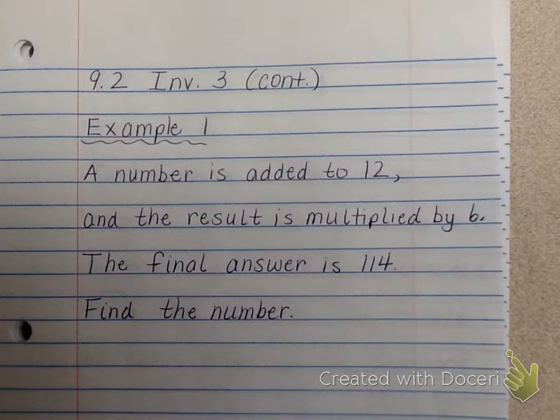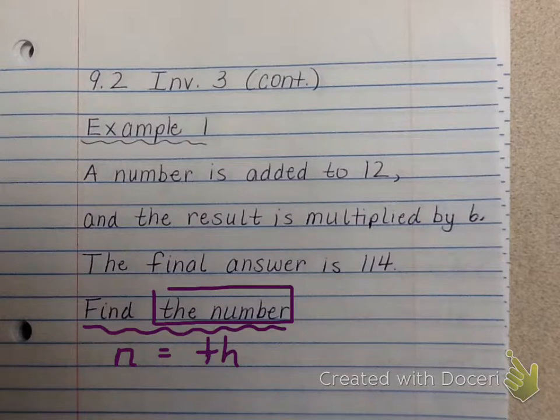Okay, so let's take a look at this word problem. I see that I'm going to look for the number. So that's going to be our variable for this problem. n is going to be the number we're looking for. I'm going to take apart this word problem piece by piece to build my flowchart.